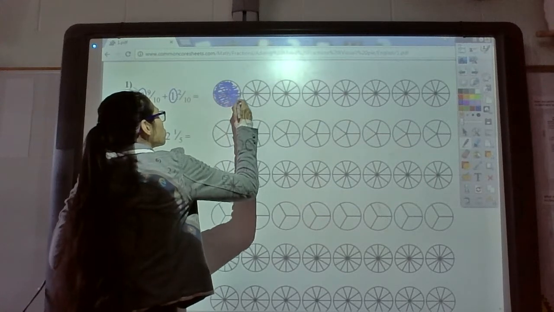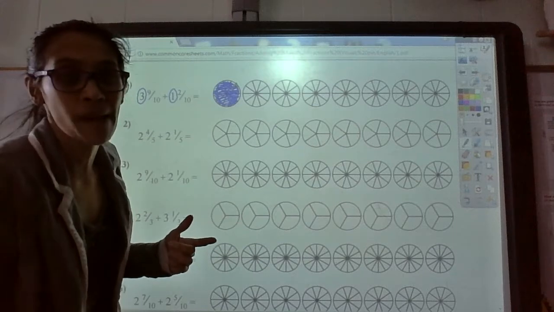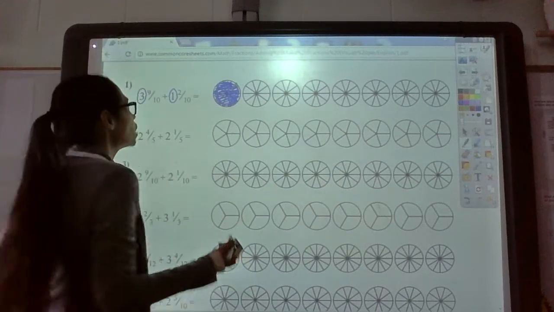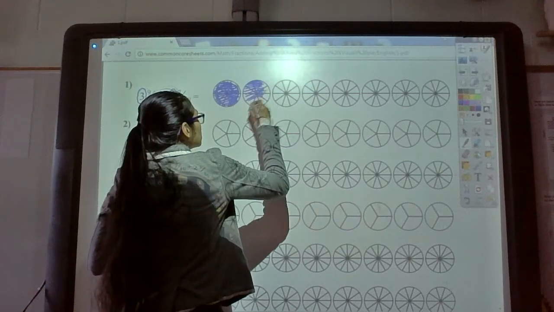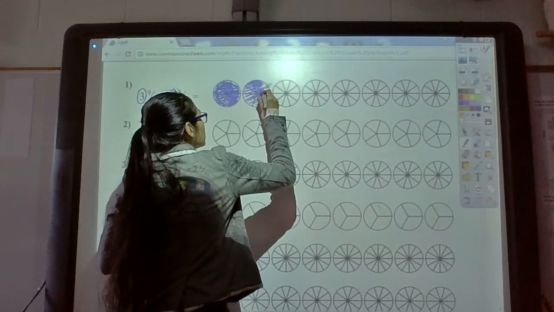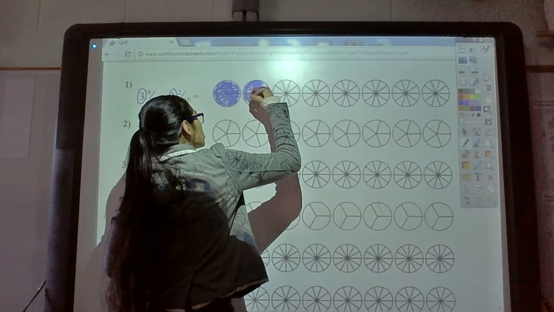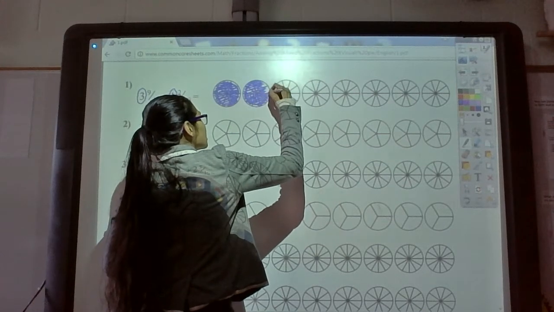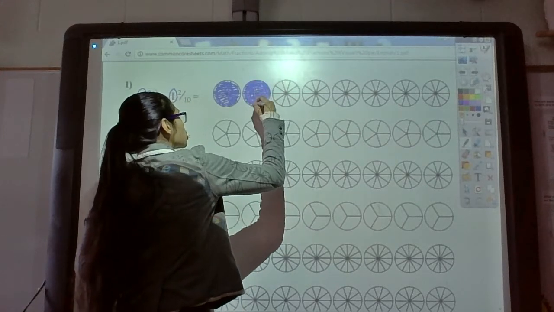All right, so there's 1 whole. Do it better than mine, remember? Shade like a 5th grader, not like a kindergartner. Shade it nice and neat. Nicer than mine. Maybe I should have used a thicker pen, but you see what I'm doing. Make sure yours is nice and neat. Now, some of you, I think, are working these out without shading it in.